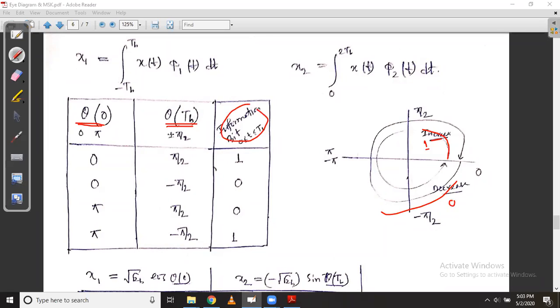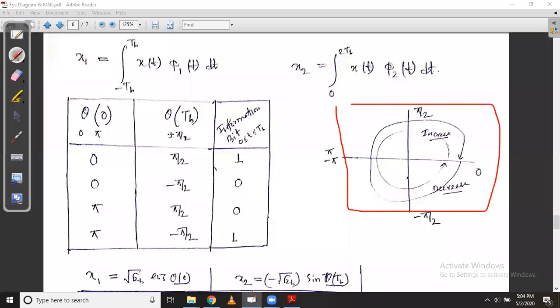That is why I have written here: 0 to pi is increased by pi by 2, so digit 1. Just remember this: increasing means 1 is transmitting, decreasing means 0 is transmitting. What is increasing or decreasing? The phase angle. Phase angle increasing means 1, phase angle decreasing means 0.